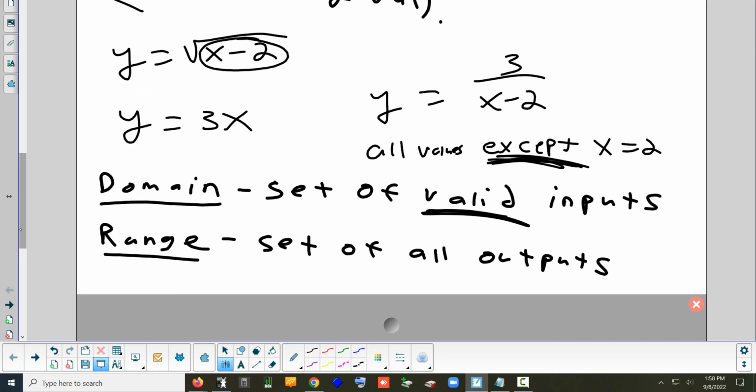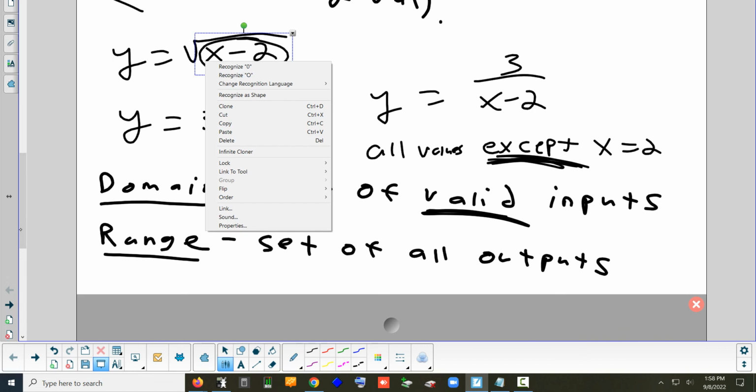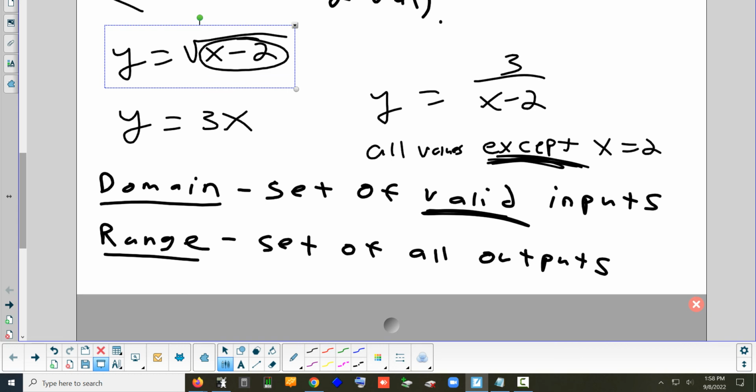So, anybody think they could tell me what you could use for x's in that problem? Like, could you use negative 50? No. If you plugged in negative 50 and minus 2, you'd have negative 52. Negative 50 is too small. Well, how small can you go then? What's the smallest value you could fill in for x?